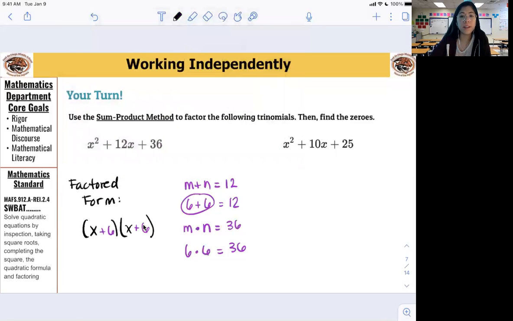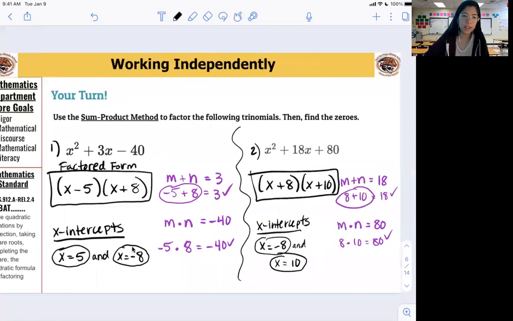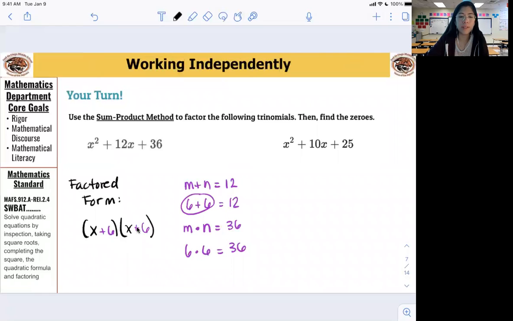Now, this is a little bit different, I guess, than the previous examples. Not necessarily different, but what's special about it? Yeah, you can actually simplify this because here I have x plus 6 times itself. So how would I write this in a simplified way, Karina?